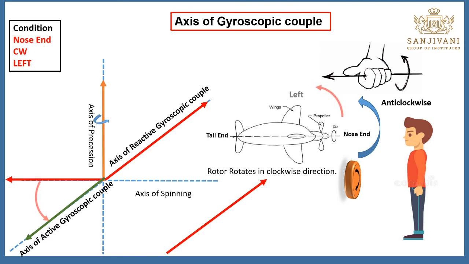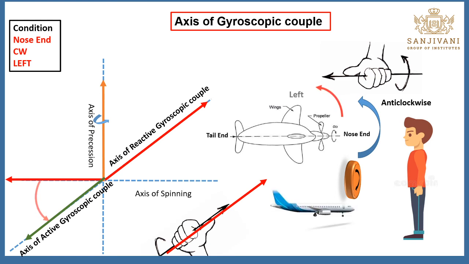If you orient it like this, that thumb is pointing towards your screen, and the direction of the fingers shows the change in direction of the total aeroplane, which is like this.